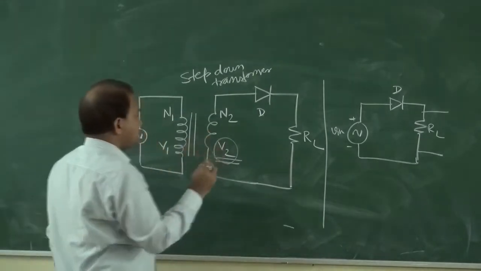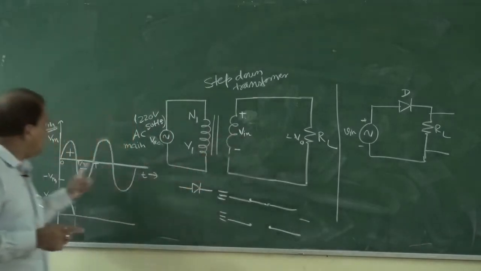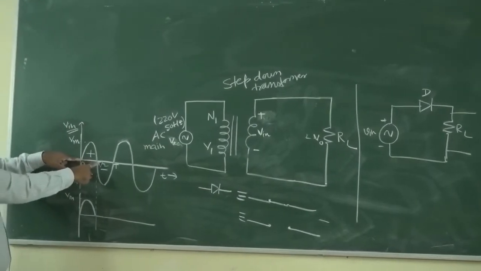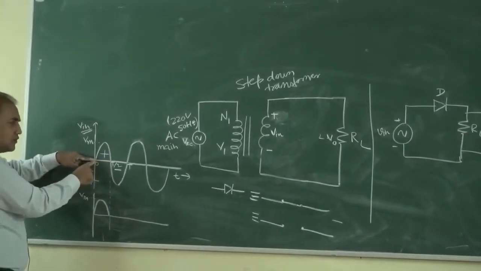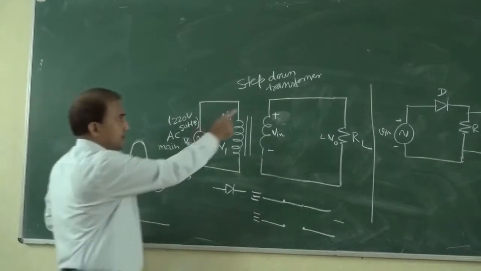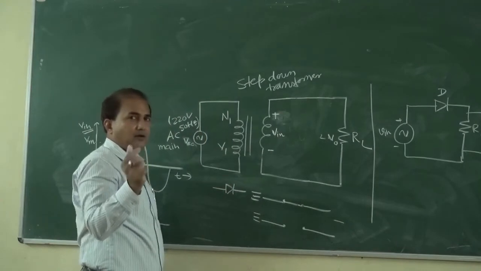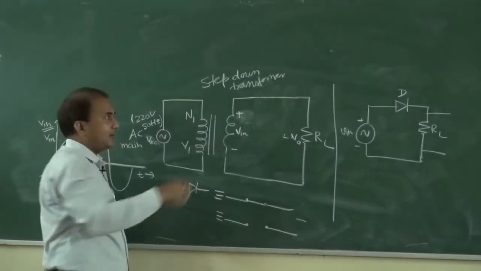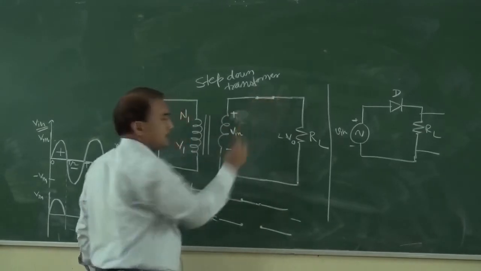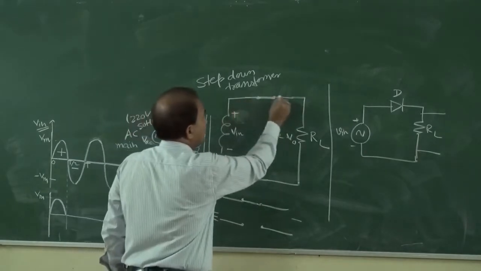Now V output will be equal to V input during the positive half cycle. This is from 0 to T by 2. During this time period, 0 to T by 2, the positive half cycle, the diode is forward biased, and we are considering the diode as an ideal diode. So the ideal diode is replaced with a short or closed switch.